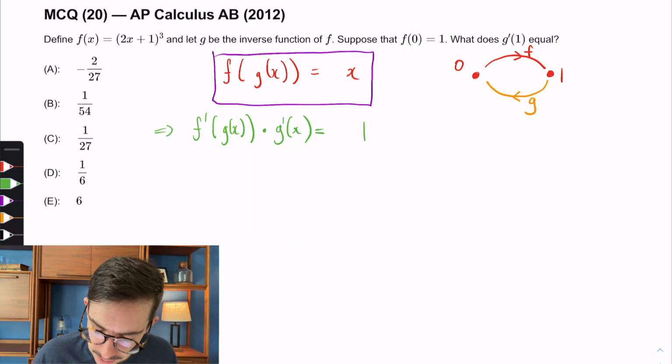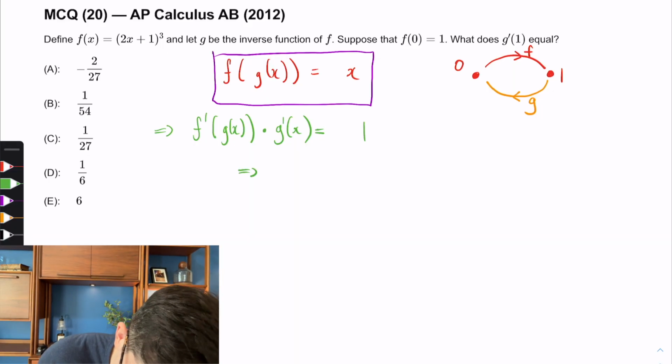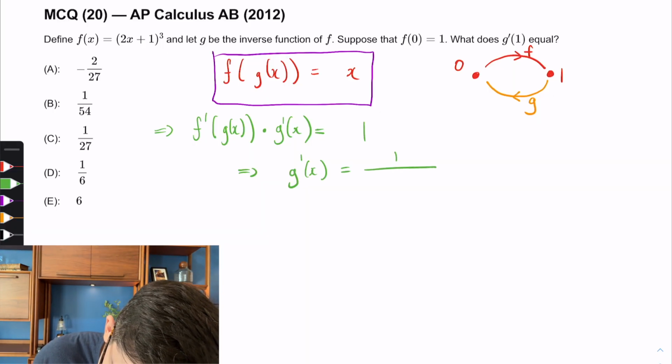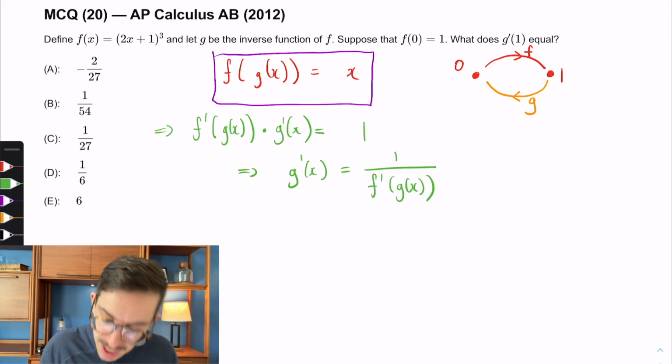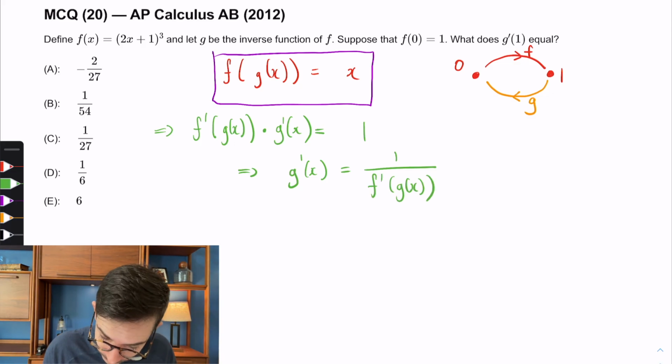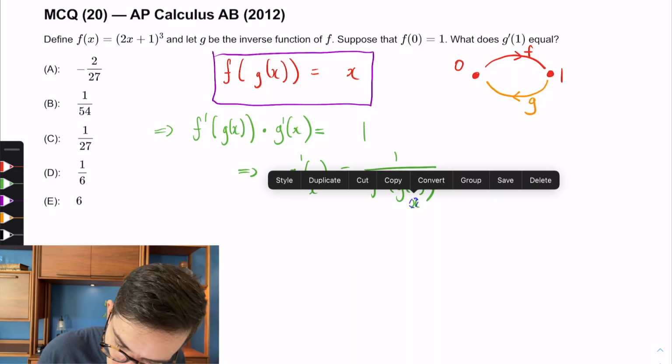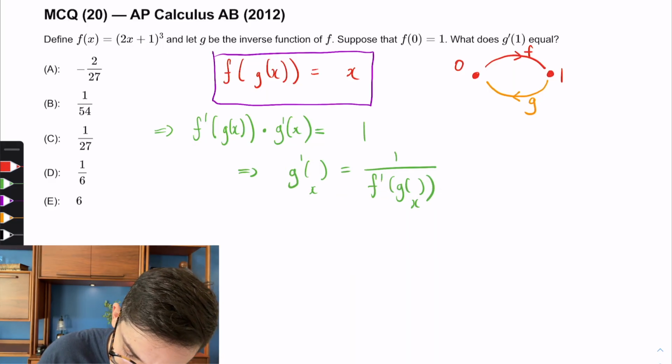So you can see here, if I rearrange this, g prime of x, the quantity I want to figure out when x is 1, is 1 over f prime evaluated at g of x. I'm not interested in this in general, I just want to know what happens when x is 1.